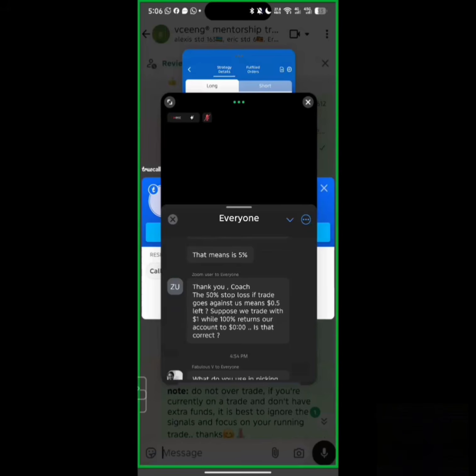If it goes against you and you lose 50%, which is 5% against you with your 10x leverage, you're losing 50% of your $1, which is $0.5. Now remember, you have $99 left from your $100. So this $0.5 will now go back to your $99. Your total balance will now be 99.5.